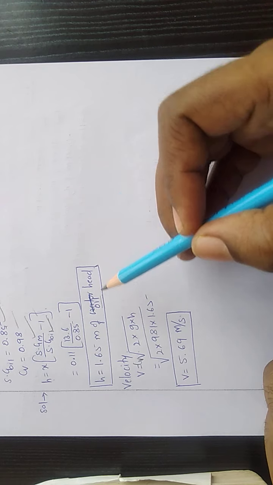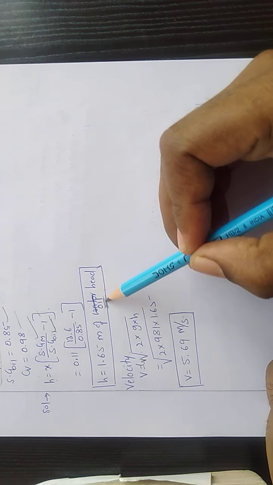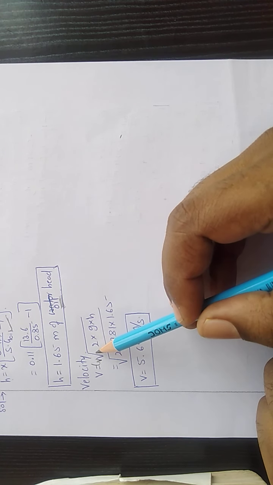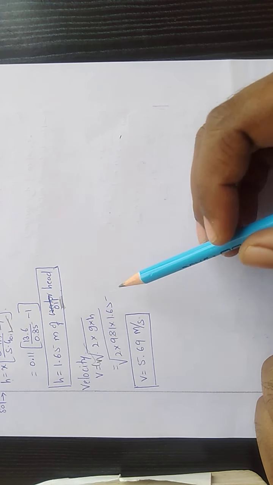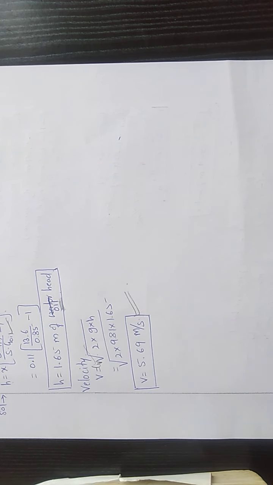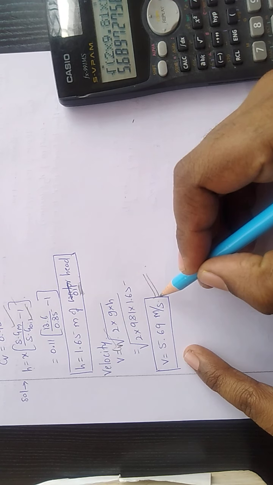It is not water. Whichever fluid is there, that we write, so it is oil head. Velocity is equal to coefficient of pitot tube into square root of 2gh. When you substitute, you get the velocity as 5.69.